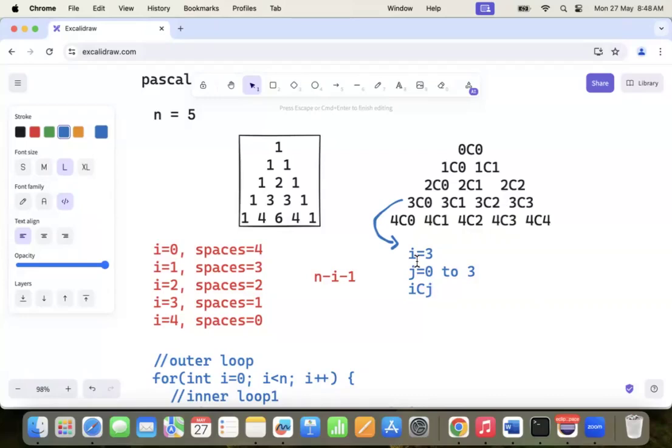What is the formula of iCj? i factorial by i minus j factorial into j factorial. Did you guys get the point?